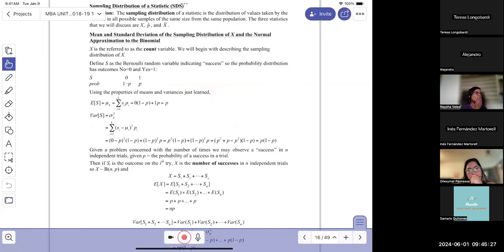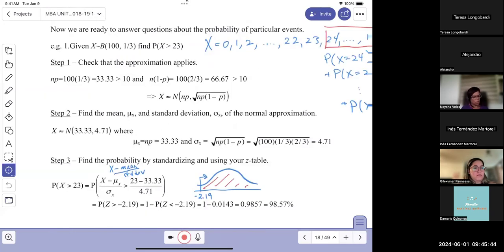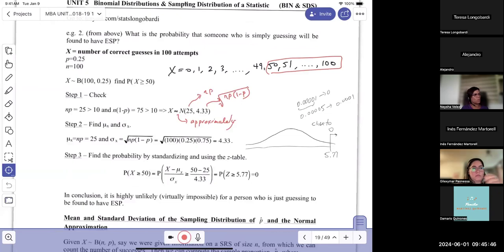Okay, so here I make all the proofs. You don't have to repeat this. It's just proving, using the rules we learned in modules 6 and 7 about rules of means and variances, to derive all these results. I would derive all the results we're using that are on the formula sheet.